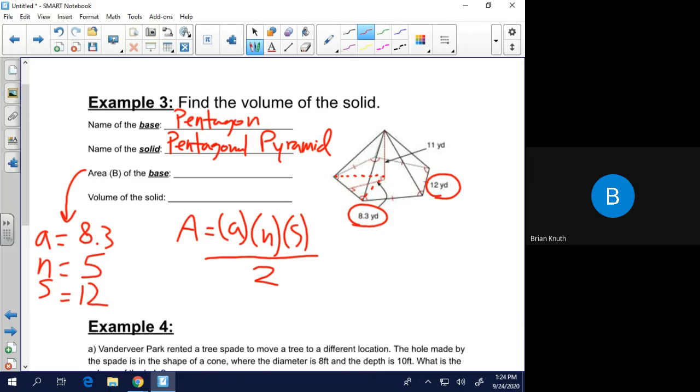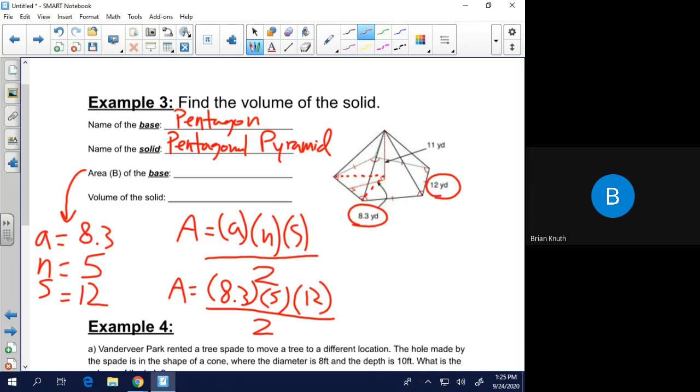All right, so let's go ahead and plug that information in here. We can solve this. So again, area equals my apothem, which is 8.3, times my N, number of sides, 5, and my side length again, which is 12. Divide the whole thing by 2.